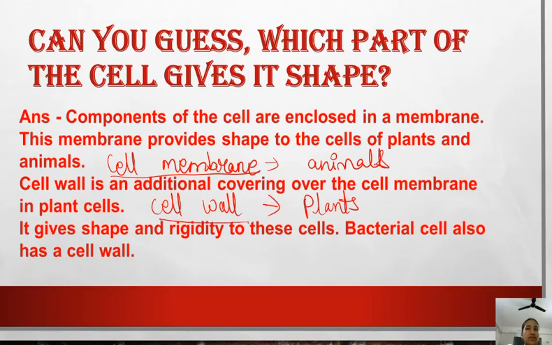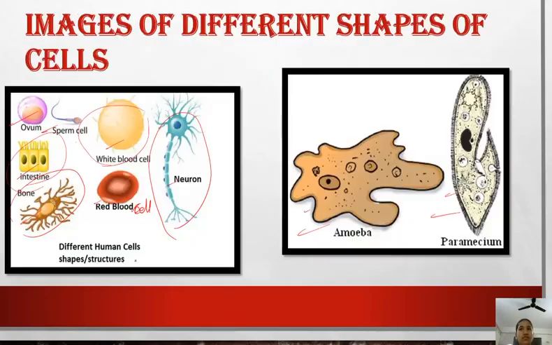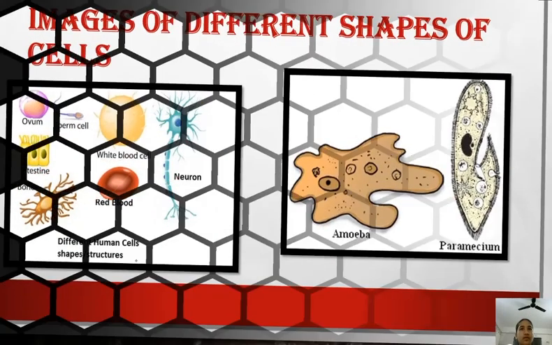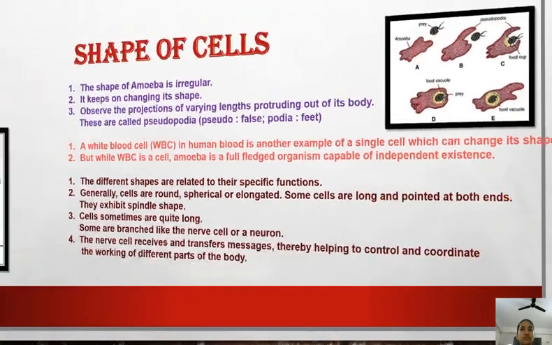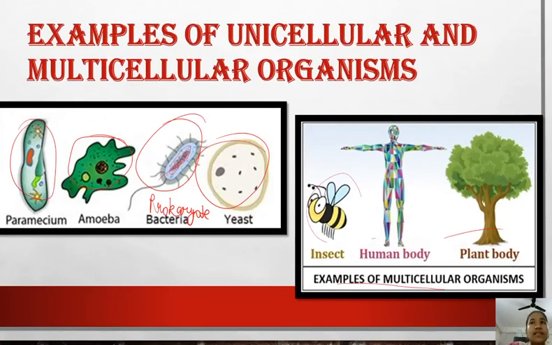The cell wall gives shape and rigidity to these cells. A bacterial cell also has a cell wall, if you can notice this outer covering.